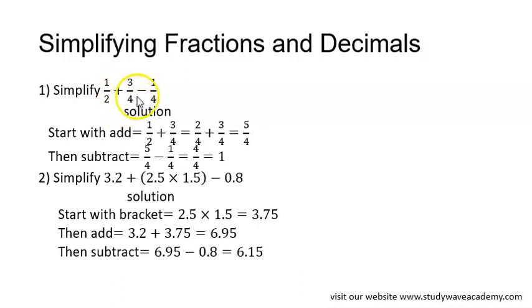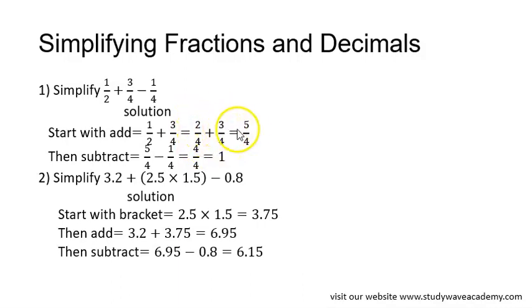Before the minus sign. So we're going to focus on 1 over 2 plus 3 over 4 first. So we start by adding 1 over 2 plus 3 over 4. To add these fractions, we have to make the denominators a common denominator. The common denominator should be 4. So we write our equation as 2 over 4 plus 3 over 4.